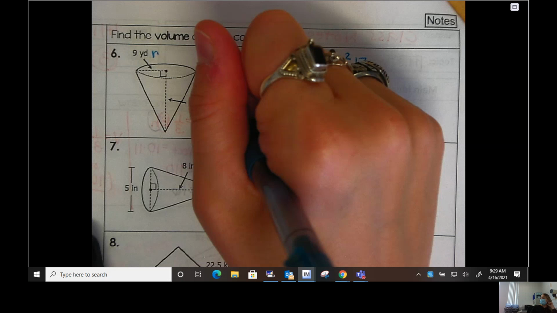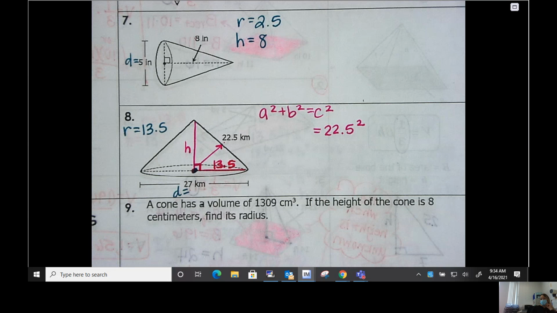A and B are the legs of the triangle. It doesn't really matter. So I'm going to put 13.5 as one of my numbers. I'm going to put it as the first one. You don't have to put it as the first one if you don't want to.